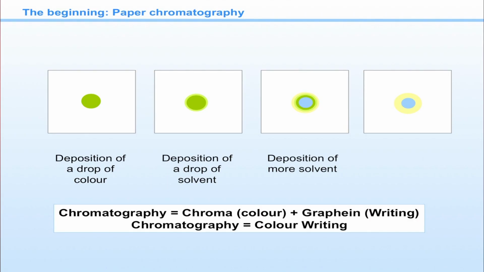Now, of the chromatographic techniques, today the first one is going to be paper chromatography. In paper chromatography, the separation is based upon paper adsorption or paper partition. First, you must know what is paper adsorption.